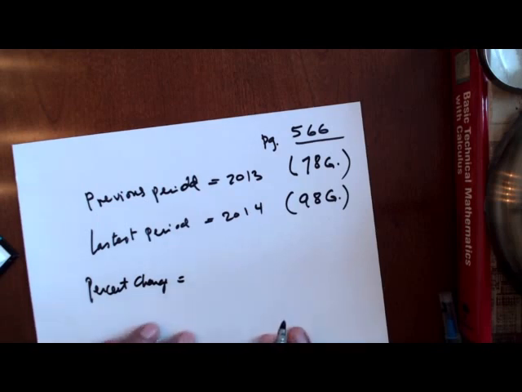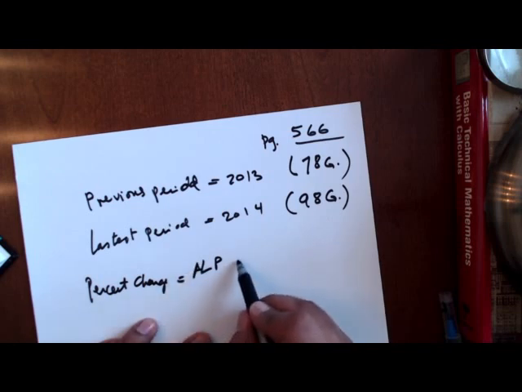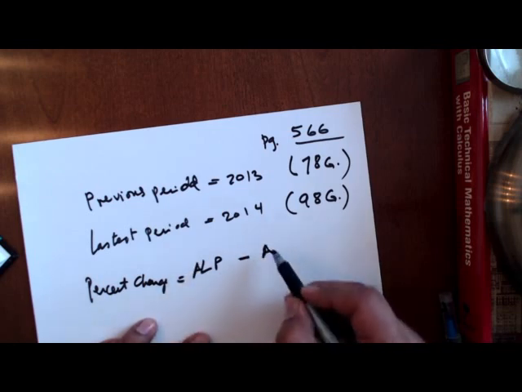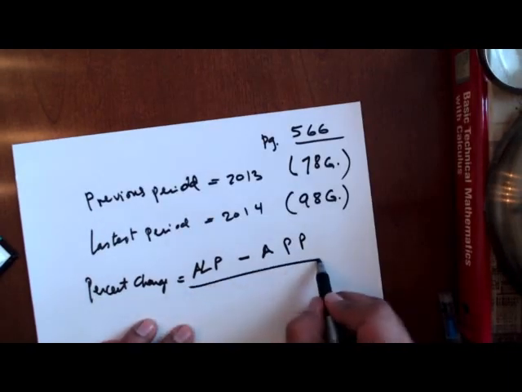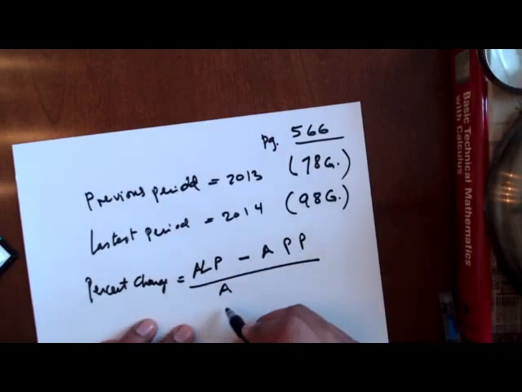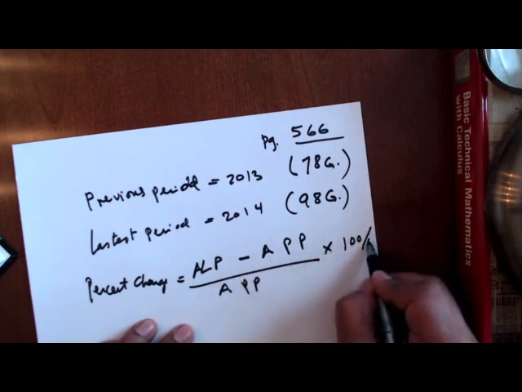That will be equal to the amount of the latest period minus the amount of the previous period, divided by the amount of the previous period, multiplied by 100%.